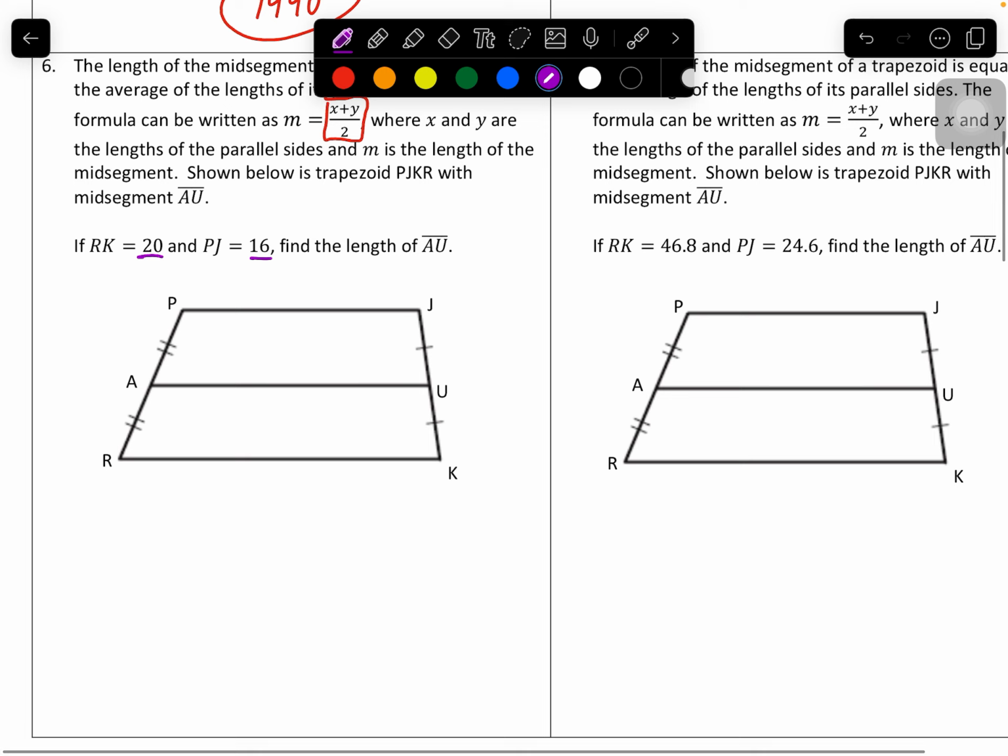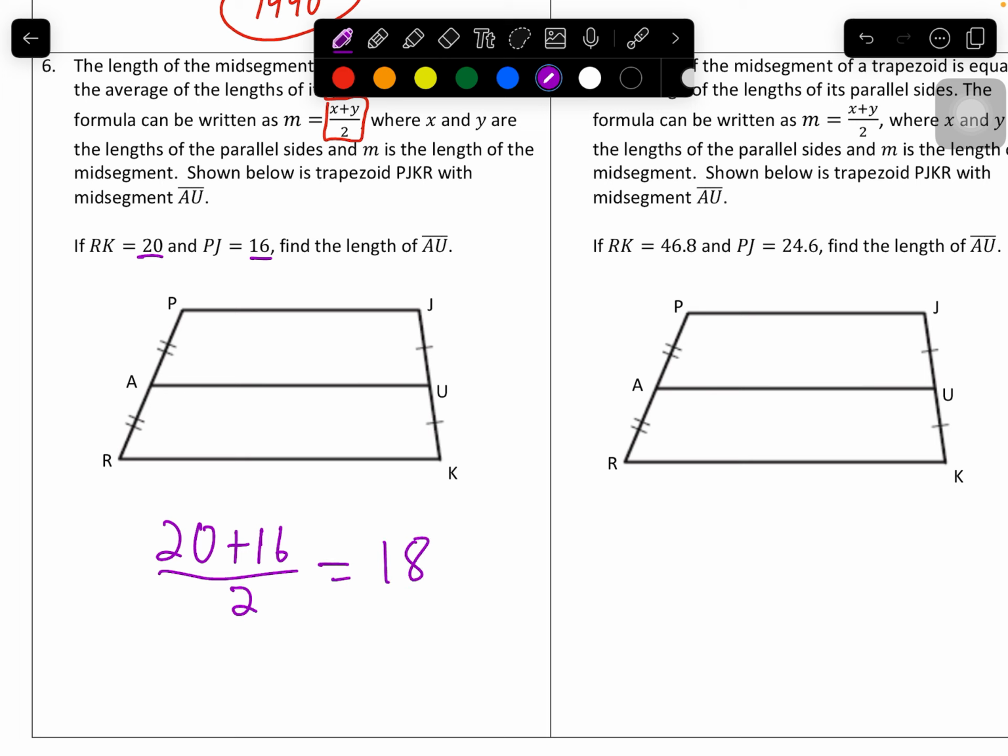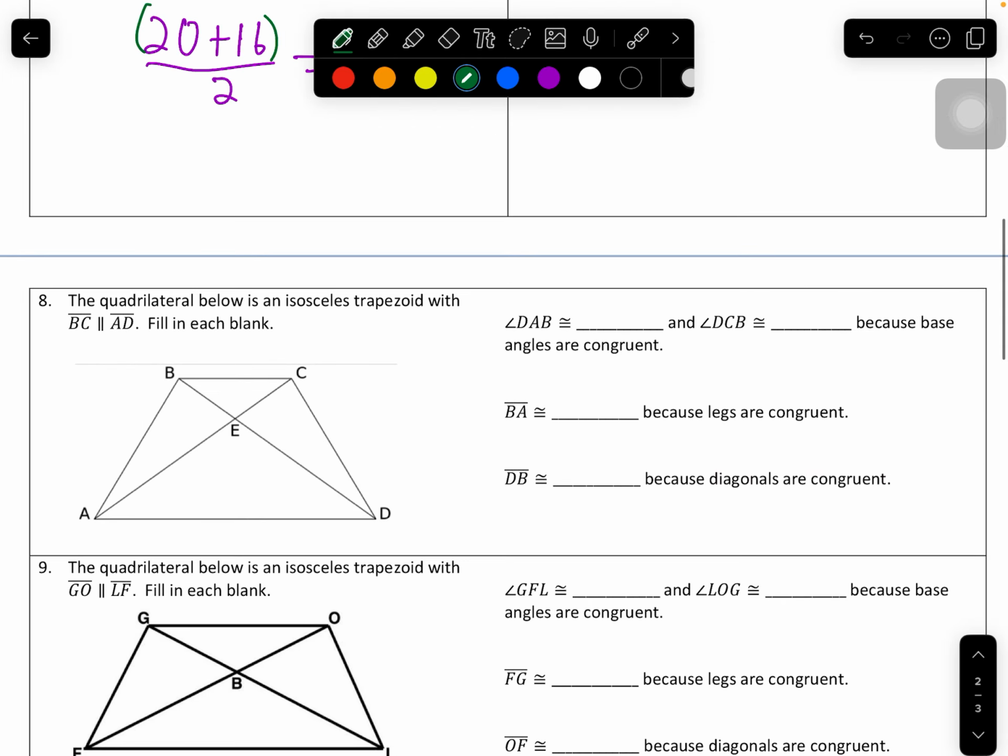So put 20 plus 16 divided by 2, and you should get 18. In Desmos, if you put the division first, it should give you that fraction. If it doesn't, put the top in parentheses, and you'll still get the right answer. Okay. So 7 is the same answer here.